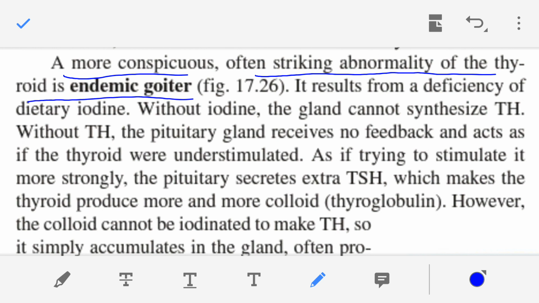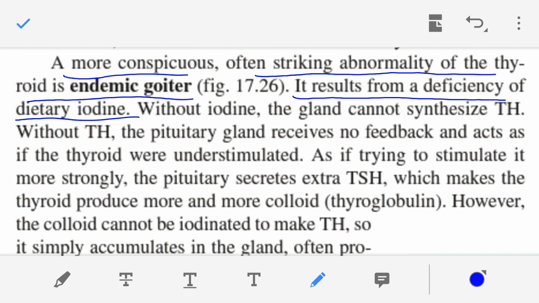Now, why is this disorder occurring in a patient? It results from deficiency of dietary iodine. So if in the food there is a less intake of iodine, it will be a cause for the goiter.